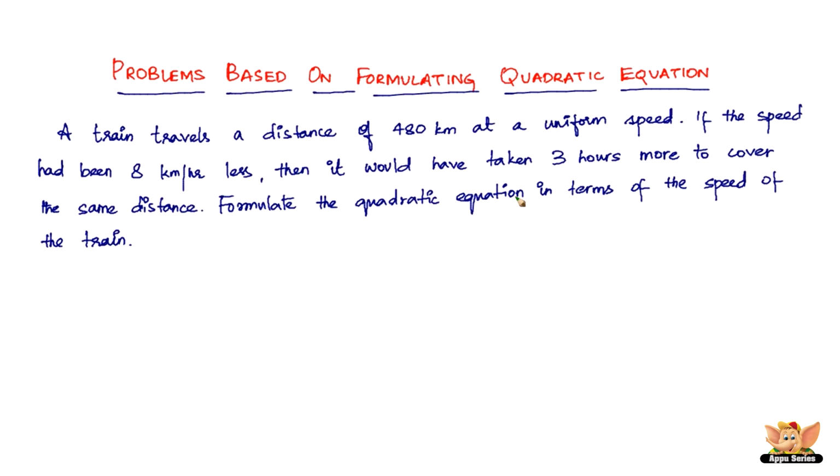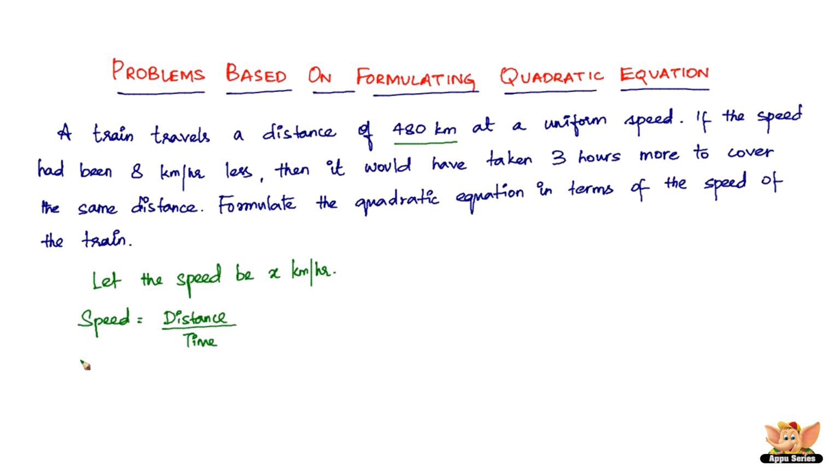Now that we have to form the equation in terms of the speed, let the speed of the train be x kilometers per hour. So how much time would it take to travel a distance of 480 kilometers? We've got speed equals distance by time, so the time will be distance by speed.